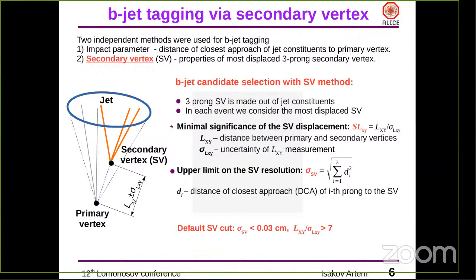Both those methods, impact parameter and secondary vertex, provide compatible results. So I will focus on the machinery of only one of them, the secondary vertex.